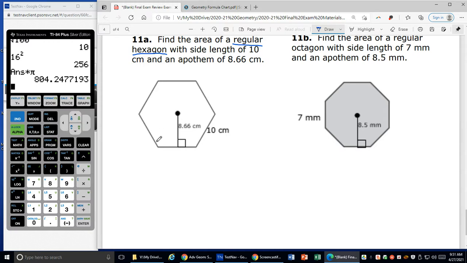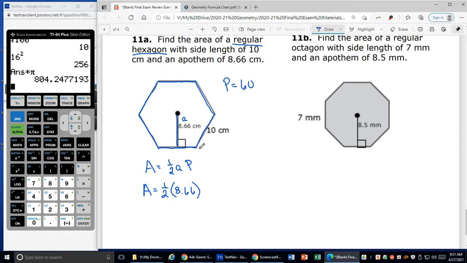So my area, according to my formula chart, is 1/2 little a, capital P. And the little a is this distance here. So I know that is my 8.66. Area equals 1/2 times 8.66, and then P was perimeter. So it's going to be 10, 20, 30, 40, 50, 60 for my perimeter, right?